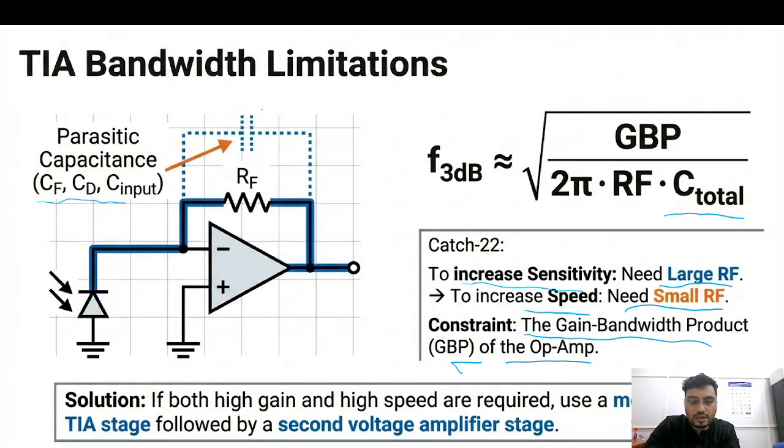The reason the gain is increasing here is because the V out voltage is inversely proportional to the CF. So that's how the amplifier is increasing the voltage V out, but also decreasing the bandwidth.